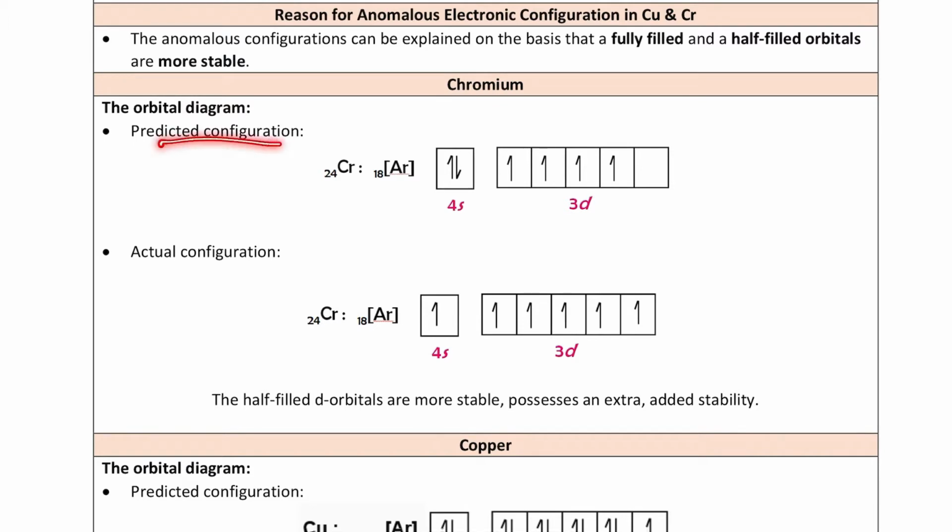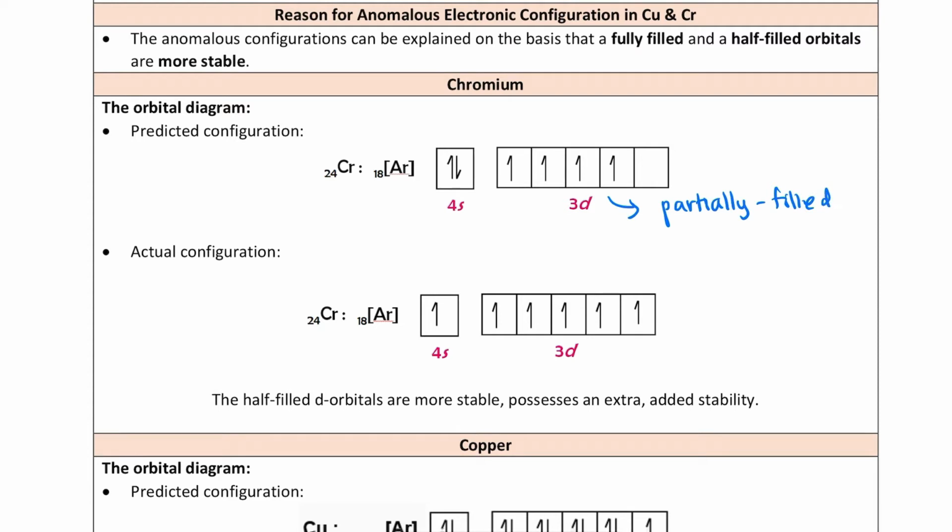Okay, so first one, predicted electronic configuration for chromium 24 looks like this. Okay, so 4s2 3d4. So over here, 3d there are 1, 2, 3, 4, 5 orbitals. And the last orbital here is empty, kosong. Okay, so this kind of electronic configuration ini kita panggil partially filled.